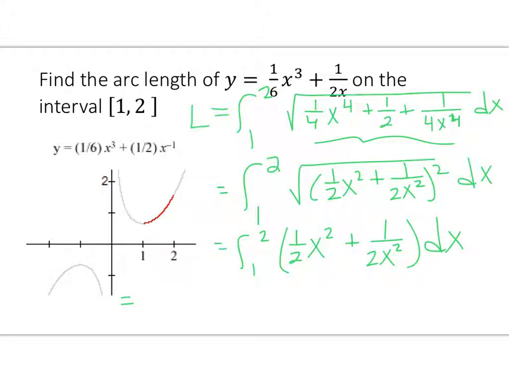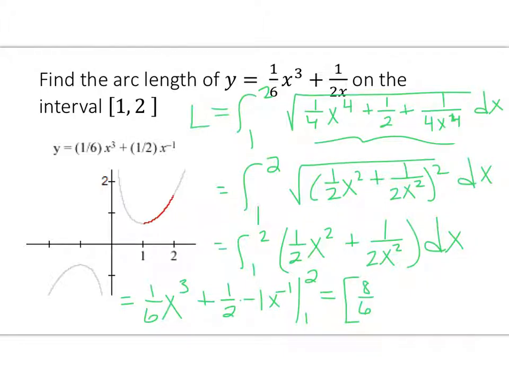And so now I'm just evaluating my integral. So I'm going to have 1/6 x to the third plus the 1/2, and then the integral of 1 over x squared is going to be times negative 1 x to the negative first, and I'm evaluating that from 1 to 2. So I'm going to clean it up a little as I go here. 2 cubed is 8, so I'm going to have 8 over 6.